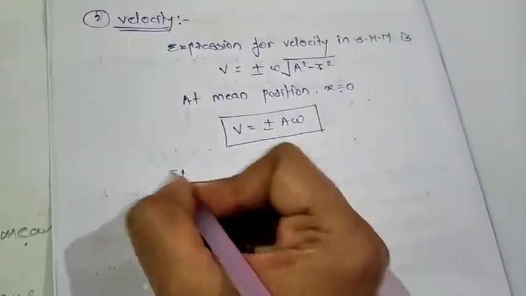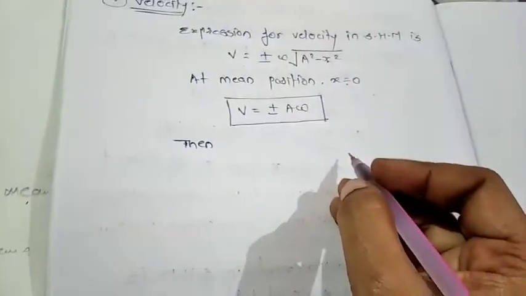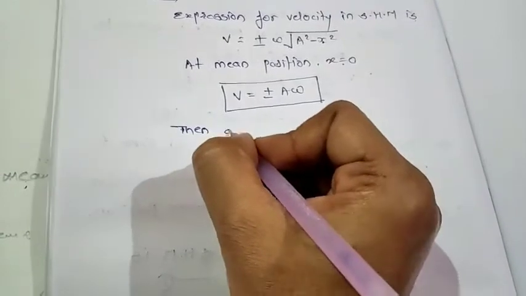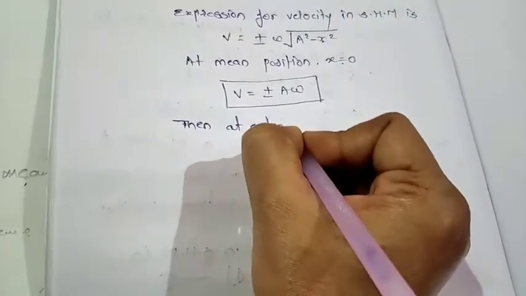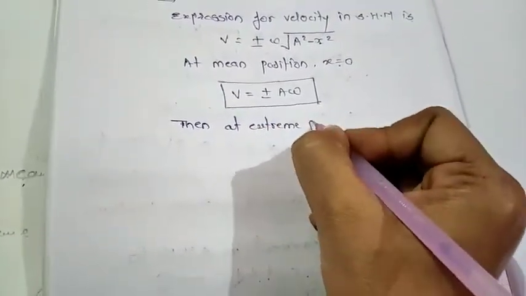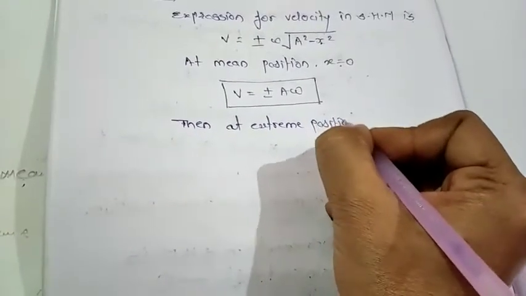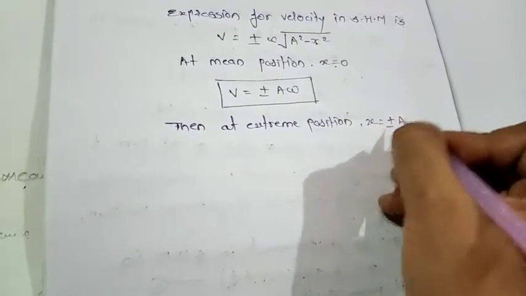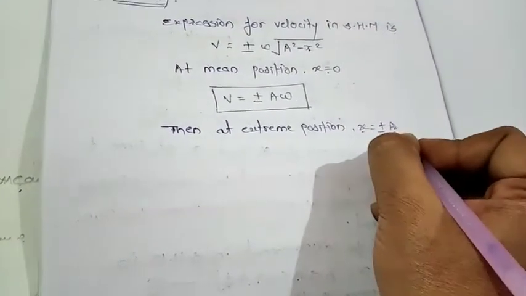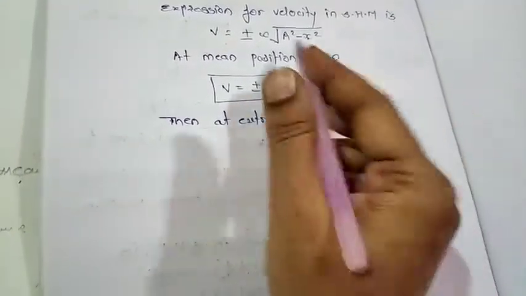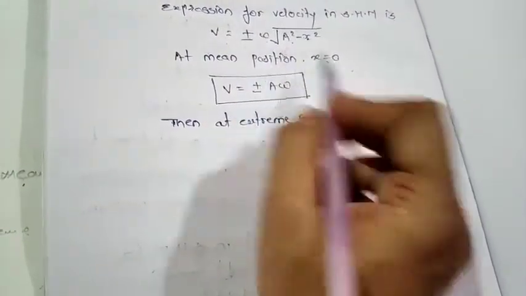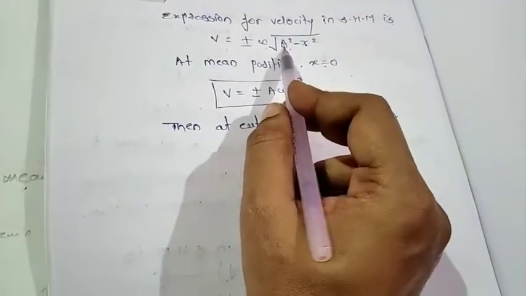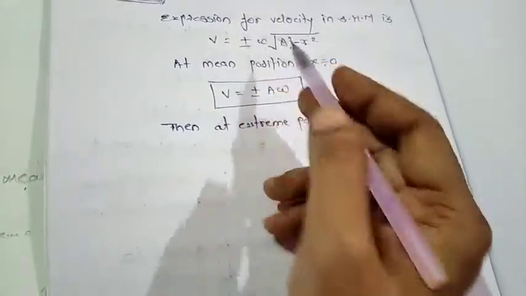Then at extreme position, x is equal to plus or minus a, that is the maximum displacement, that is amplitude. So with x is equal to a, this term becomes 0.